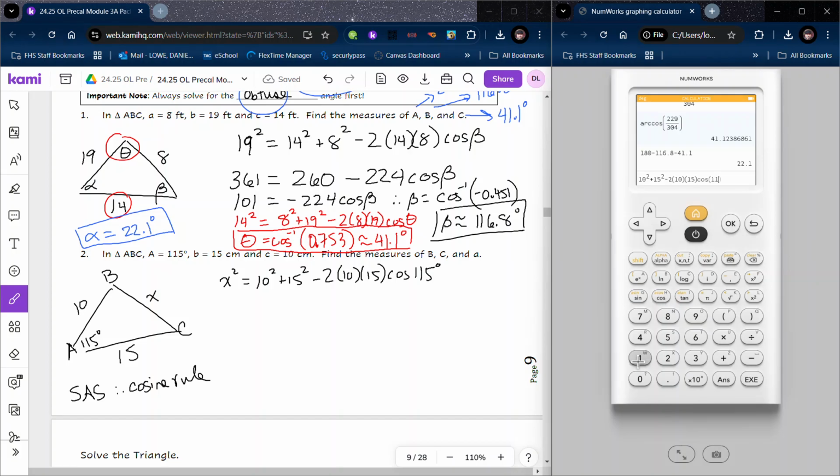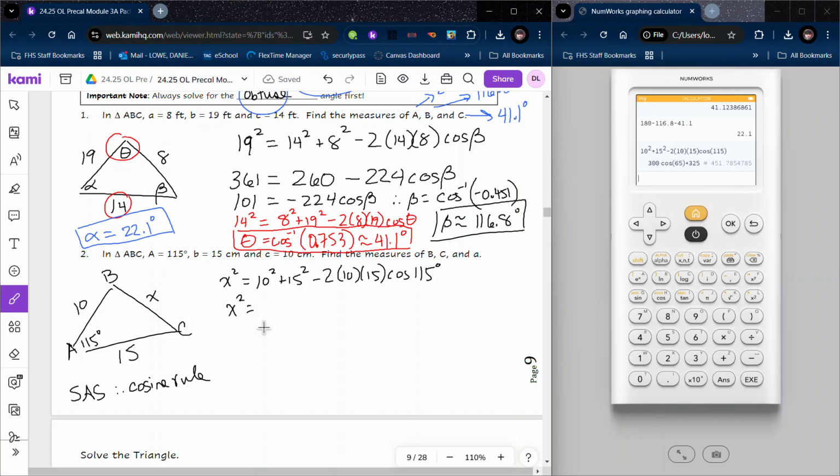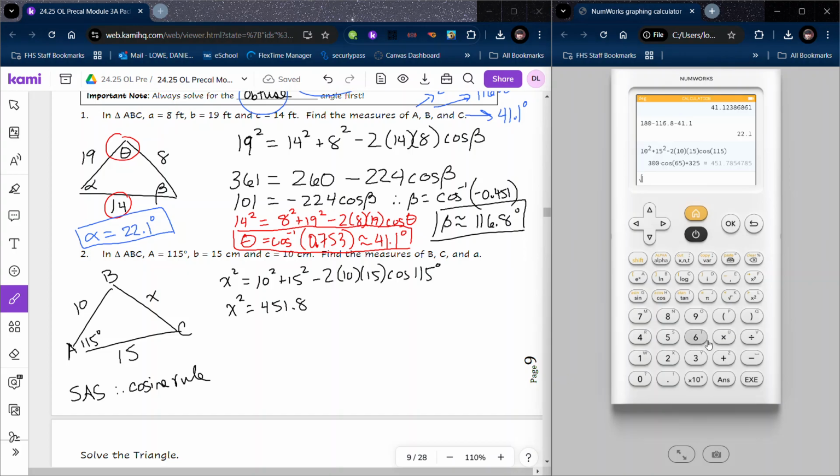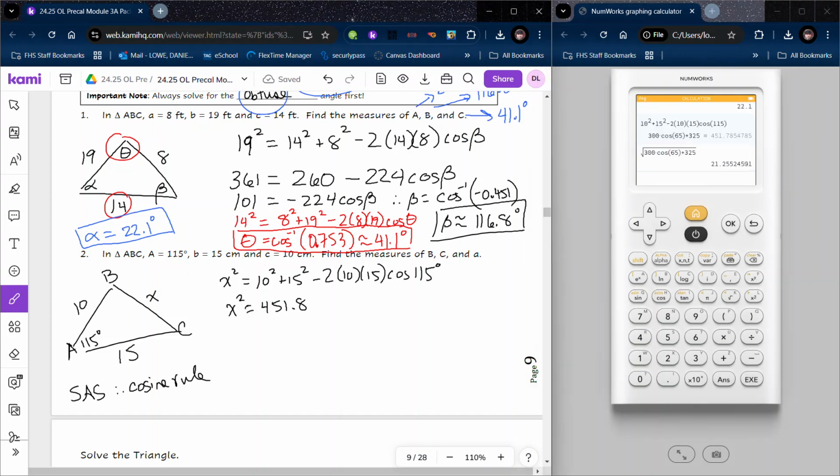You want to be careful. Of 115, I know that x squared is going to be 451.8 approximately. So if I take the square root of that answer, that is approximately 21.3 centimeters. All right, so that's x, which in this is side A.